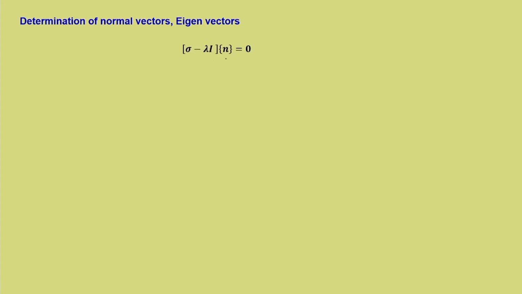Now, we use the equation, which we also explained during the lecture, sigma minus lambda I into n equal to 0. We have sigma minus lambda I, and the normal vector nx, ny, nz, equal to 0.